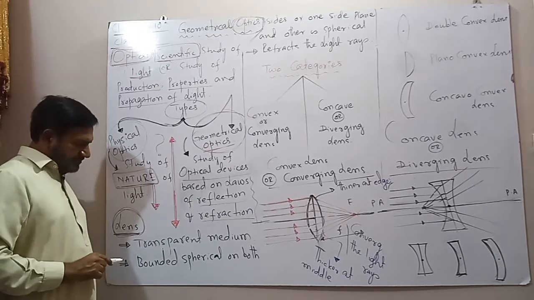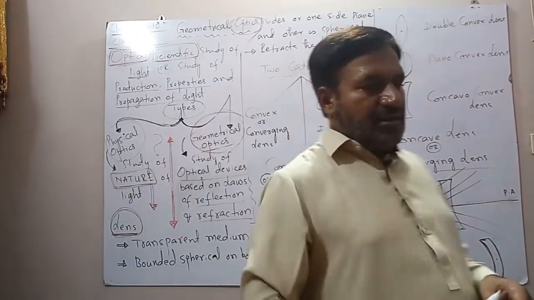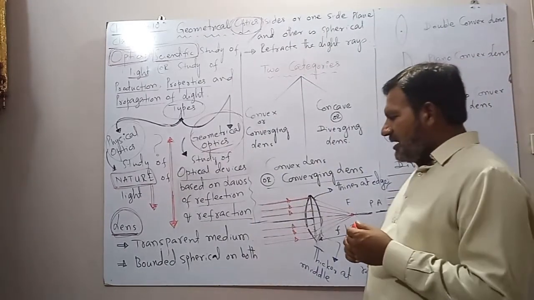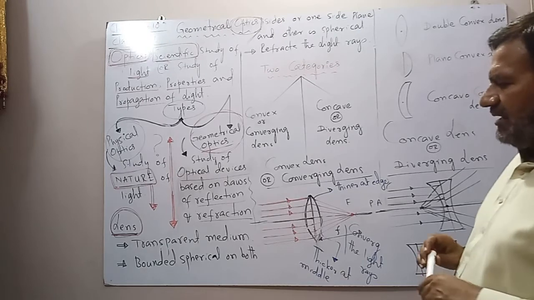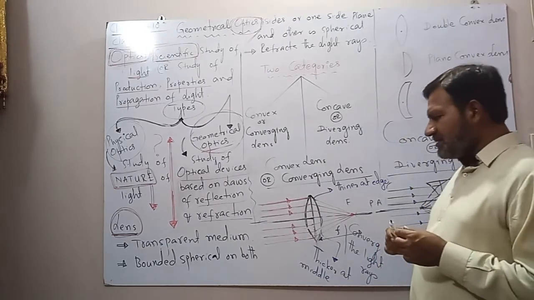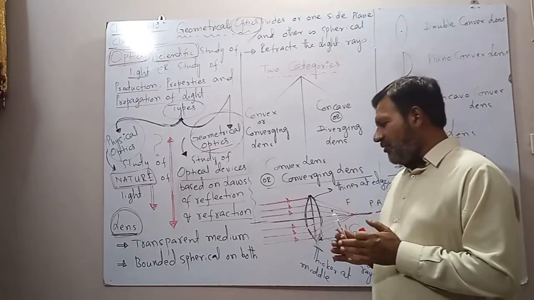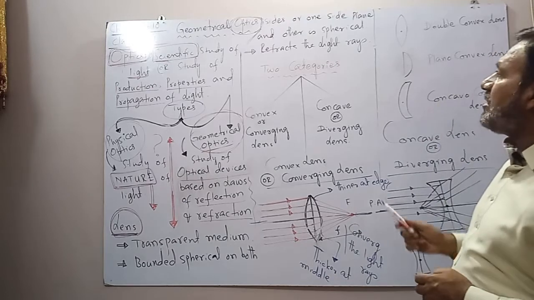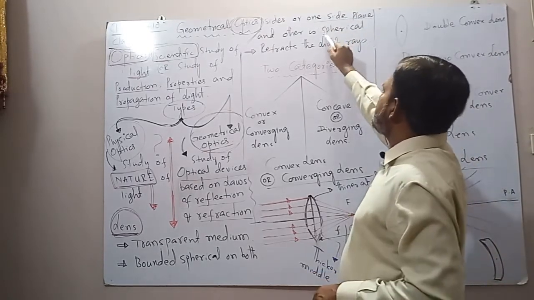In geometrical optics, the most important word we will use is lens. What is a lens? A lens is commonly used in all the optical instruments. A lens is basically a transparent material or transparent medium, bounded on both sides by spherical surfaces, or it may be that one side is plane and the other is spherical.